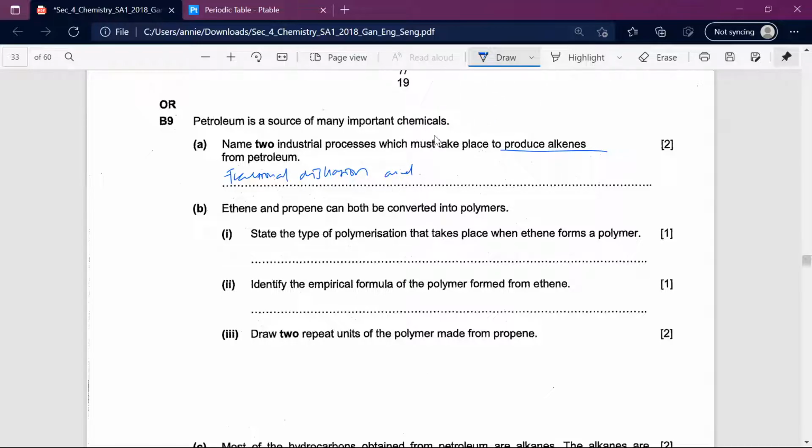And when you have that, you also need cracking, which is to form smaller carbon chains, smaller hydrocarbons, from the large hydrocarbon that you obtain from petroleum.